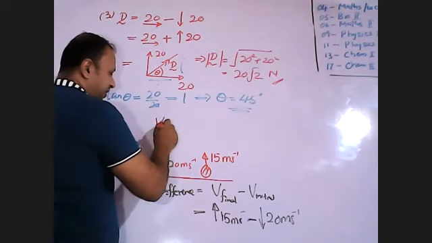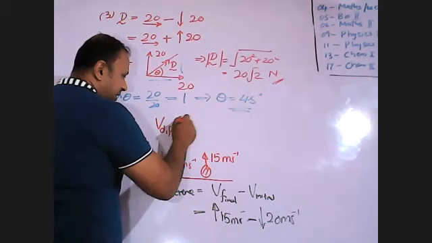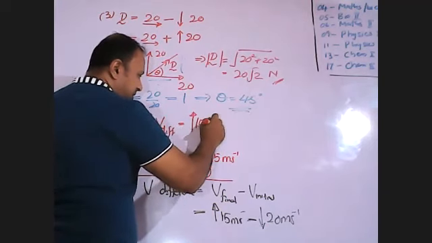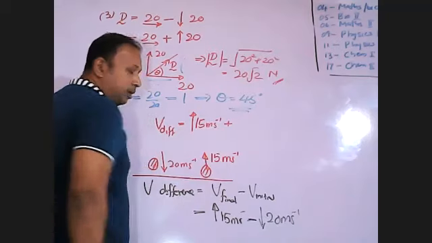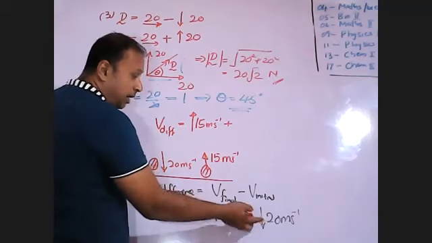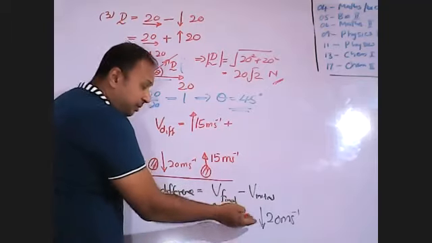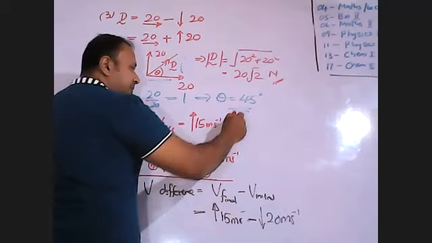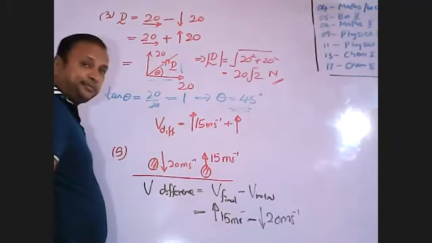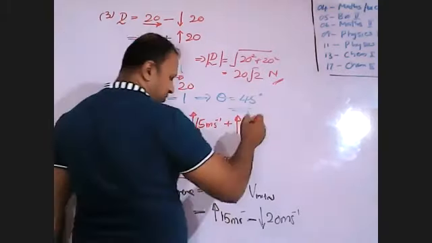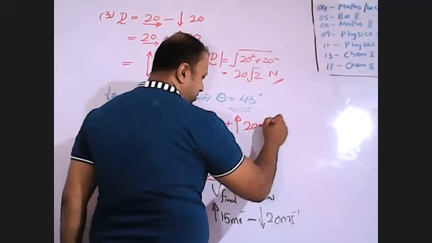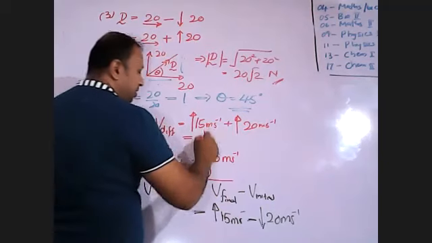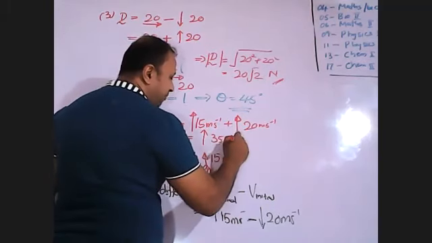So the 15 m s^-1 upward should be added to the reversed direction of the second, which is also 20 m s^-1 upward. Therefore, the velocity difference is 35 m s^-1 in the upward direction.